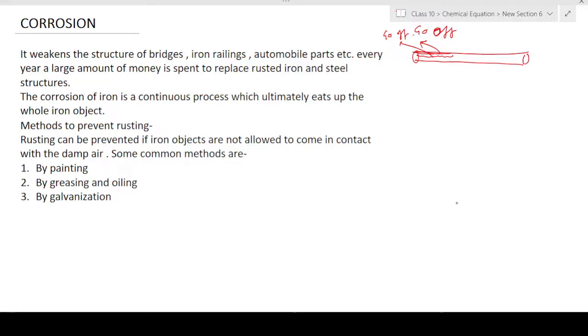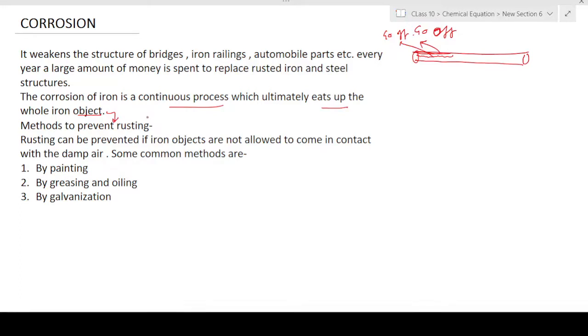That is why this process should be checked, or we should take certain measures to delay the process of corrosion or rusting. So the corrosion of iron is a continuous process which ultimately eats up the whole object. So that is why we need to prevent rusting, so that we can at least delay this process in the case of iron.